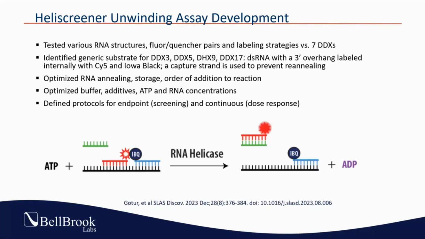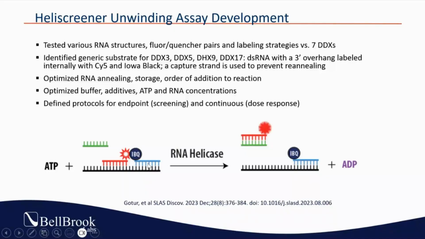And that was somewhat generic for a number of different DDXs. So we tested a lot of different RNA structures, different fluorophore-quencher pairs, and different labeling strategies versus a panel of 7 different DDXs. And we found that this configuration was generic. It worked well for 4 of those DDXs.